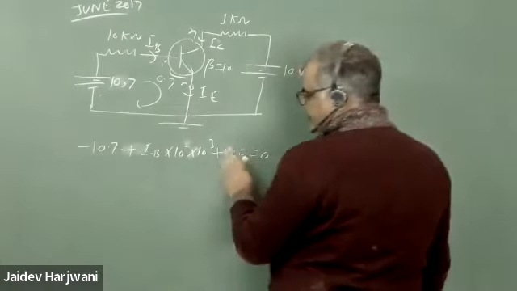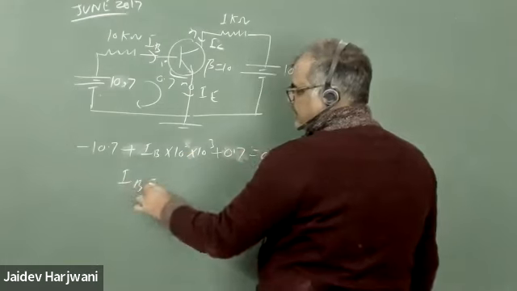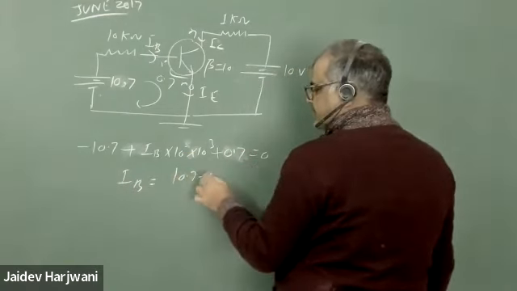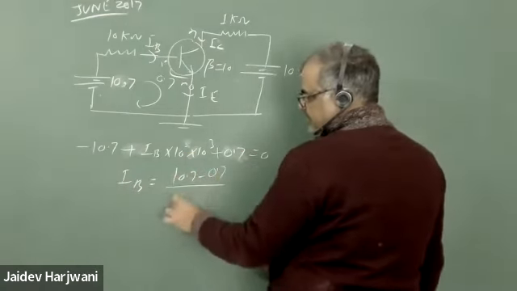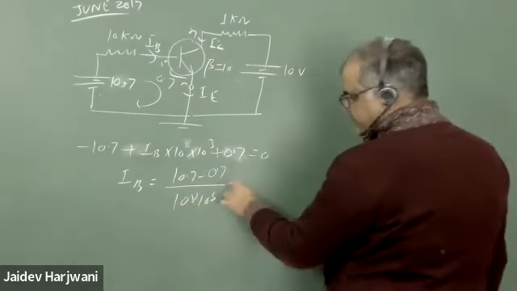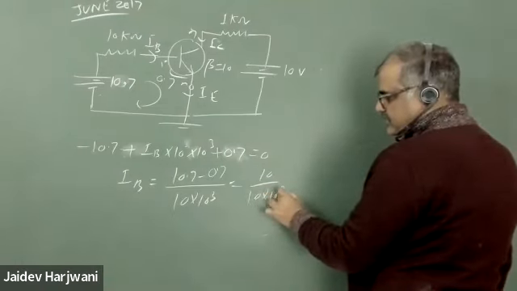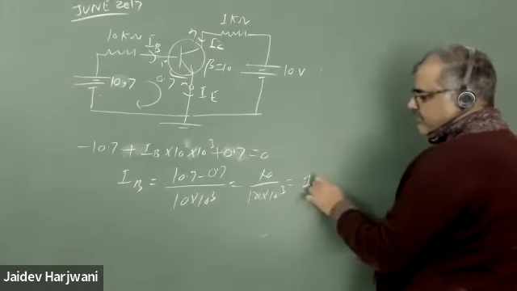Now VB is your 0.7, so you want IB. IB will be 10.7 minus 0.7 upon 10 kilo ohm. So that will give you how much? 10 upon 10 into 10 to the power 3. It is coming around 1 milliampere.